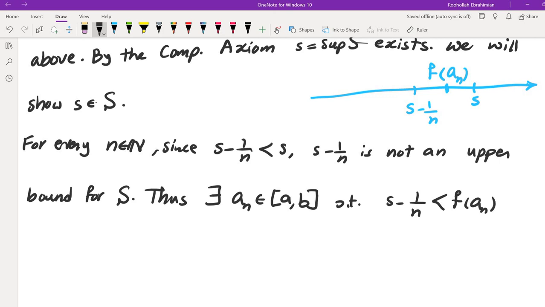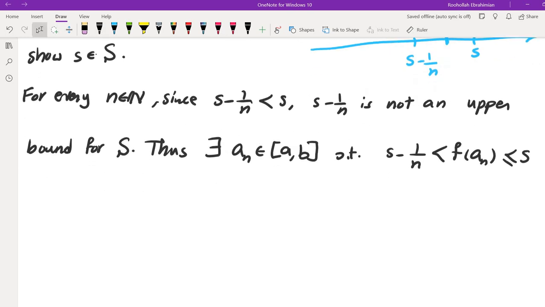And of course, this is always less than or equal to s because s is the supremum. So this means the distance between f of a_n and s is less than 1 over n.